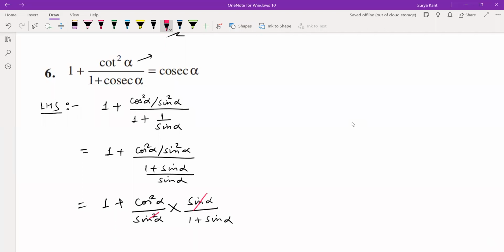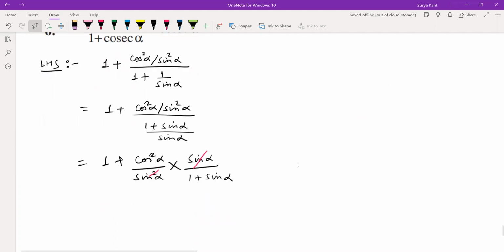What will be left? The reciprocal of sine alpha. So we will get 1 plus cos square alpha by sine alpha plus sine square alpha. Or we'll write it as it is, sine alpha only, and in bracket 1 plus sine alpha, okay?